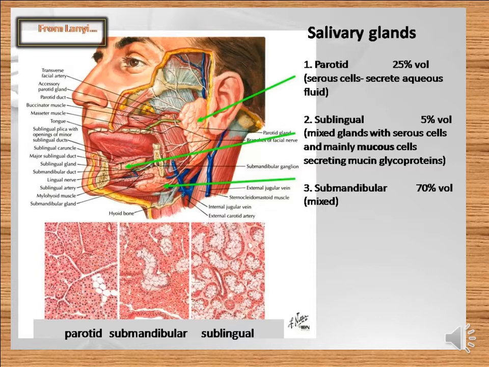So it mainly secretes mucus, but a slight serous component is present within the sublingual gland. We can see in this figure the histological features of each gland: parotid, submandibular, and sublingual.